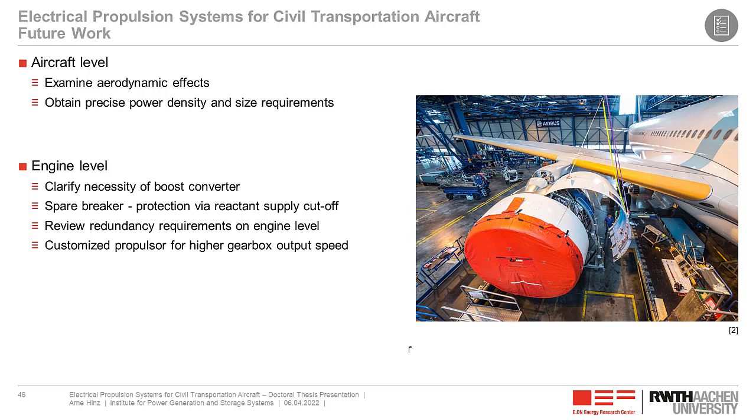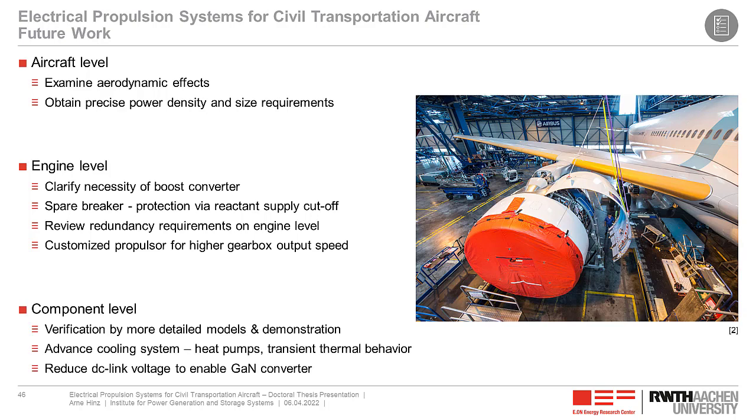And we should customize the propulsor for higher gearbox output speeds, as in this thesis we apply the output speeds of conventional turbofans and propellers. On component level, we should verify our models by more detailed approaches and by demonstrators, and we should advance the cooling system.